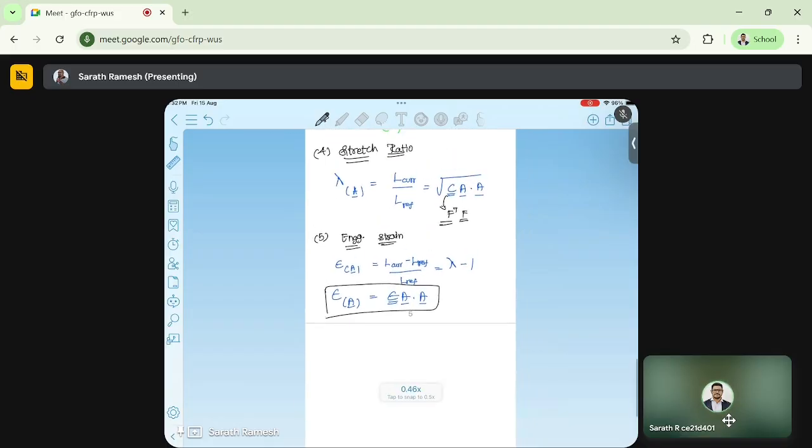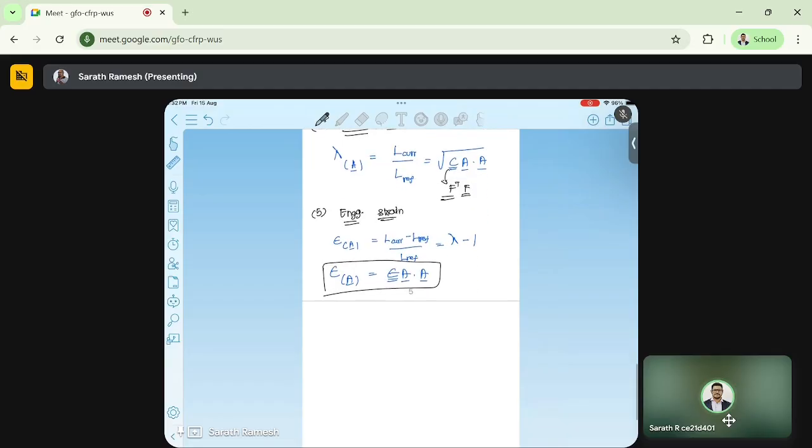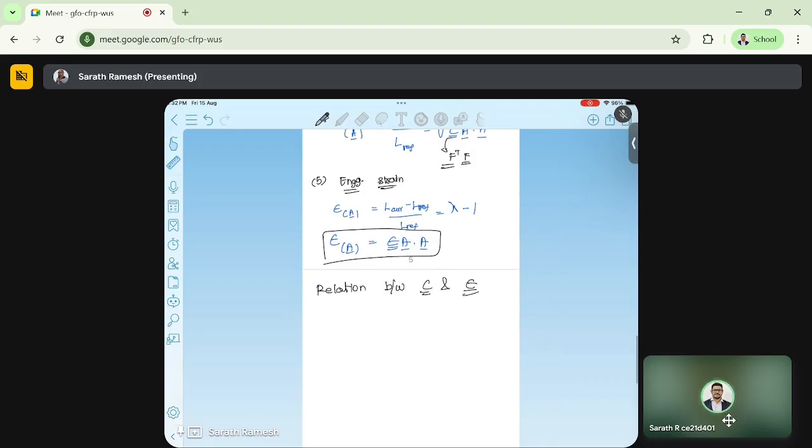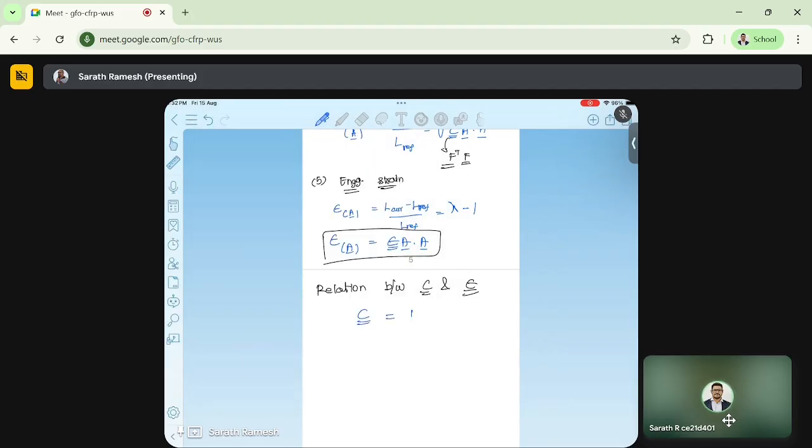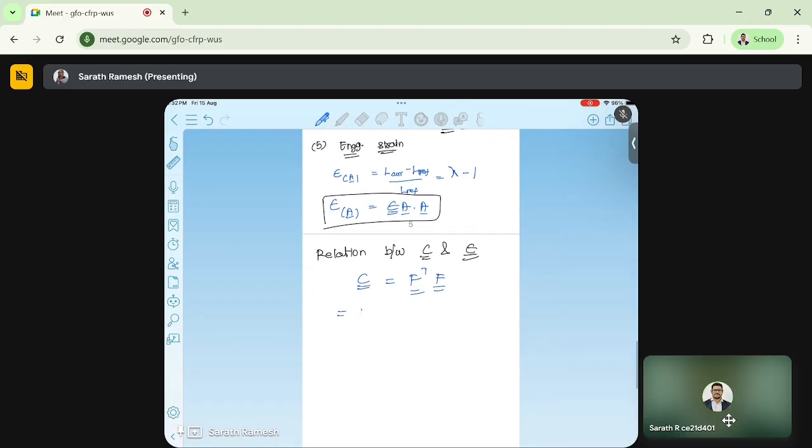And there is a relationship between C and epsilon. We all know C equals F transpose F. F is nothing but I plus H, and the transpose of F is I plus H transpose.